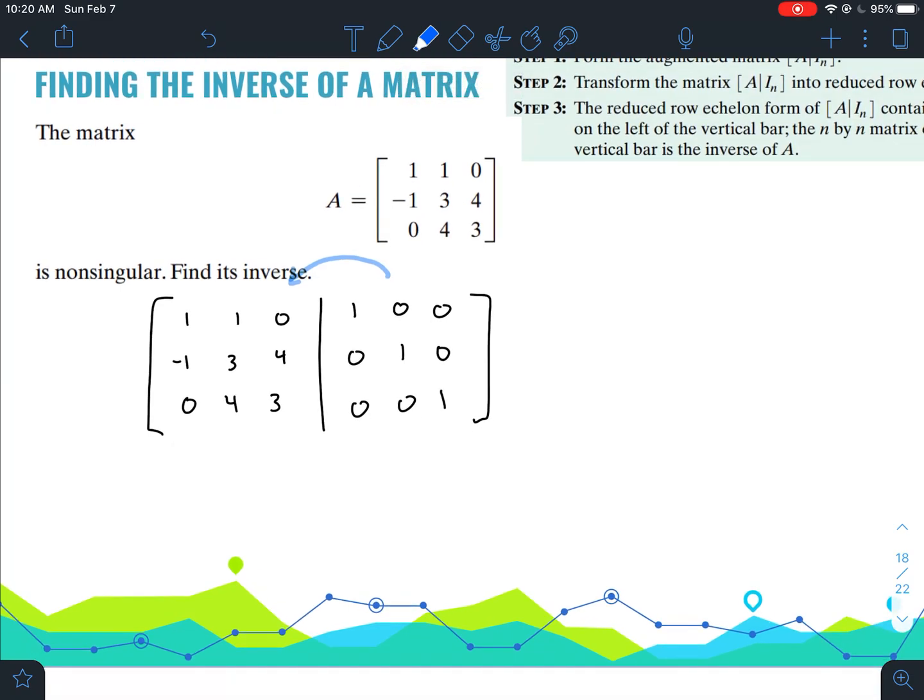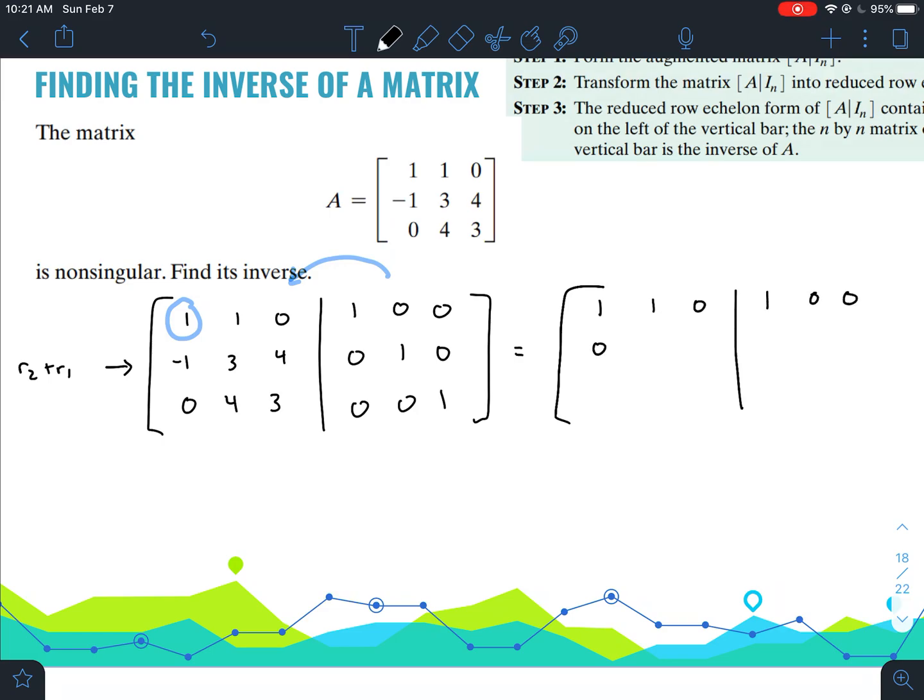In order to do that, we need 1 as our first entry, and we have it, and then we want 0s everywhere else. I need a 0 where that negative 1 is, so I can take row 2 plus row 1. I would get 1, 1, 0, and we would still have 1, 0, 0.